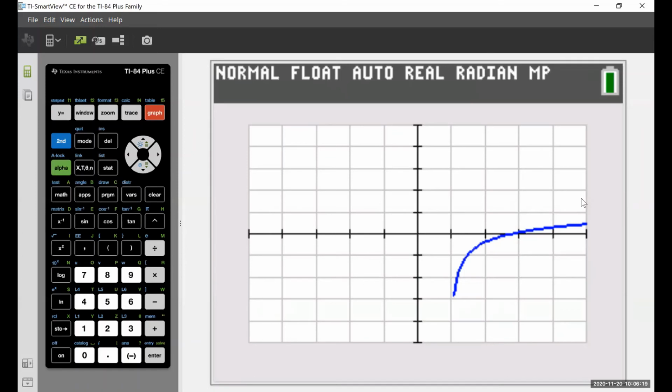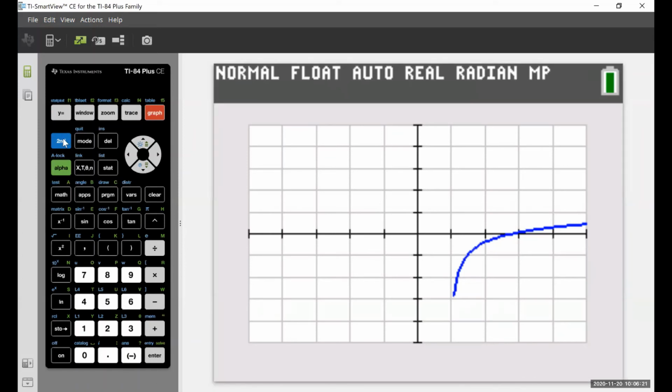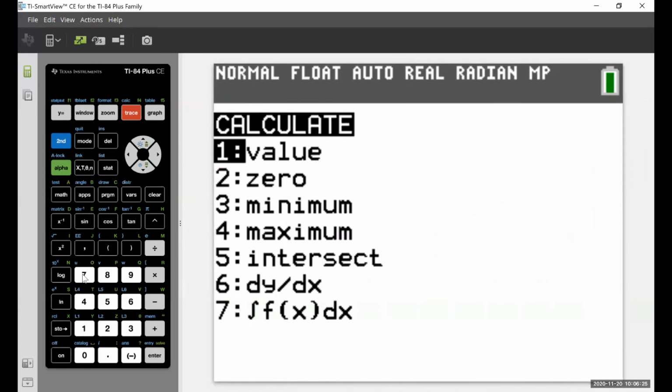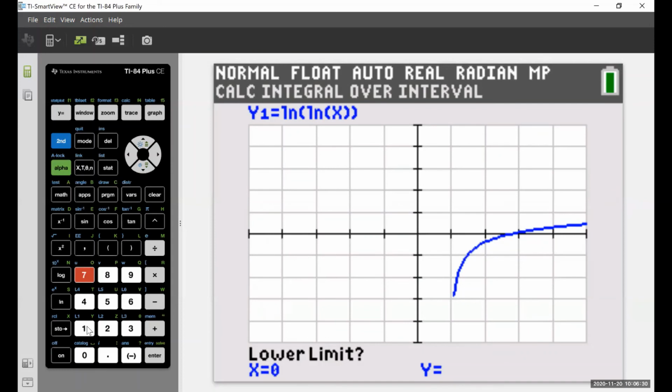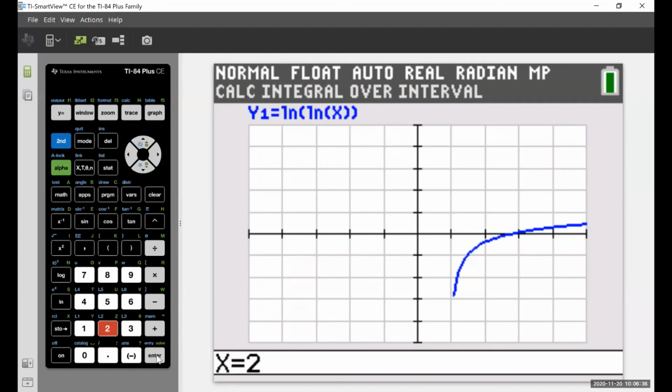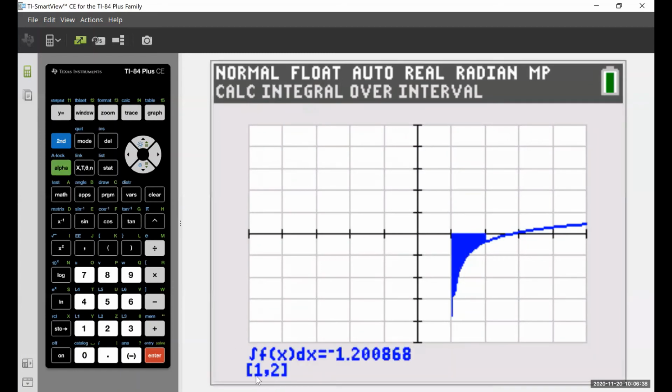We need to integrate from 1 through 2. So we go to second, then trace, and number 7. The lower limit of integration is 1, so we hit 1 and enter. The upper limit is 2, so we press 2 and then enter. Here you can clearly see we are integrating from 1 through 2 of that function. This area is below the x-axis.